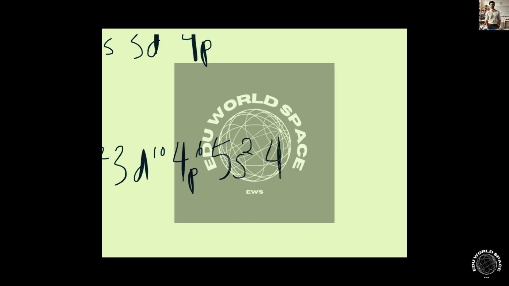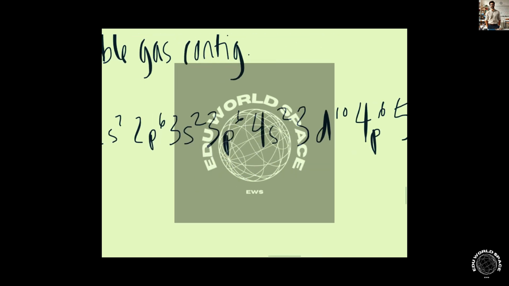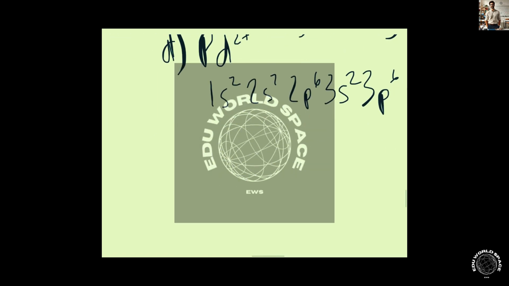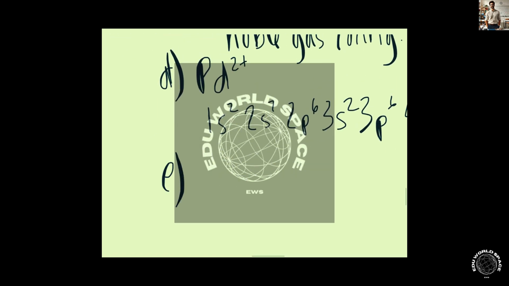So it should be, instead of 4d8, it should be 4d6. Okay? So that's not going to be a noble gas configuration.